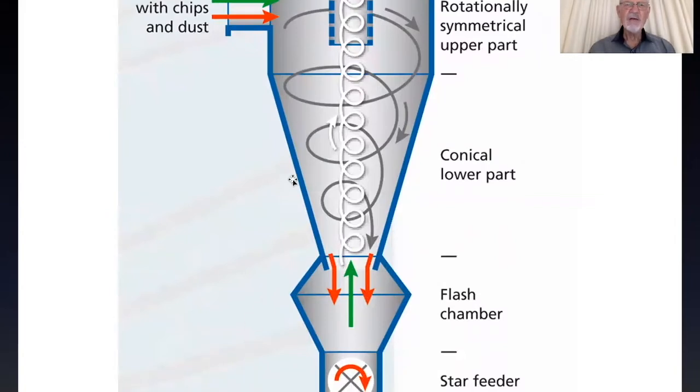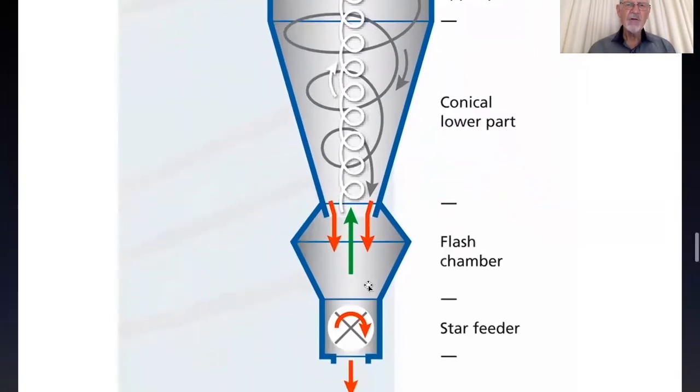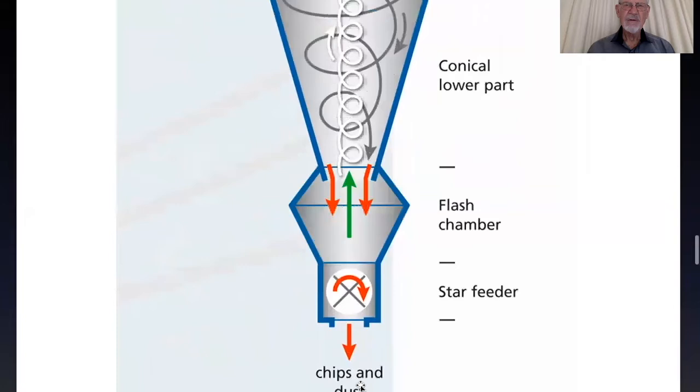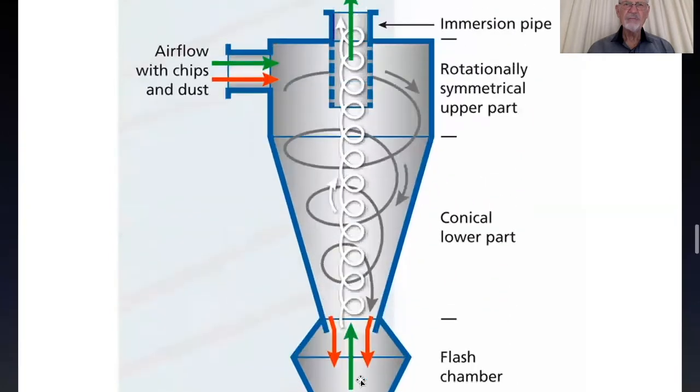You can see how the airflow is circular on the outside and then spirals up on the inside. But then you've got to have this interesting little device here, which they call a star feeder, which is a rotating valve, so that you can drop the material in there and you get the material going through the valve, but the air can't also go through. So that's a cyclone.